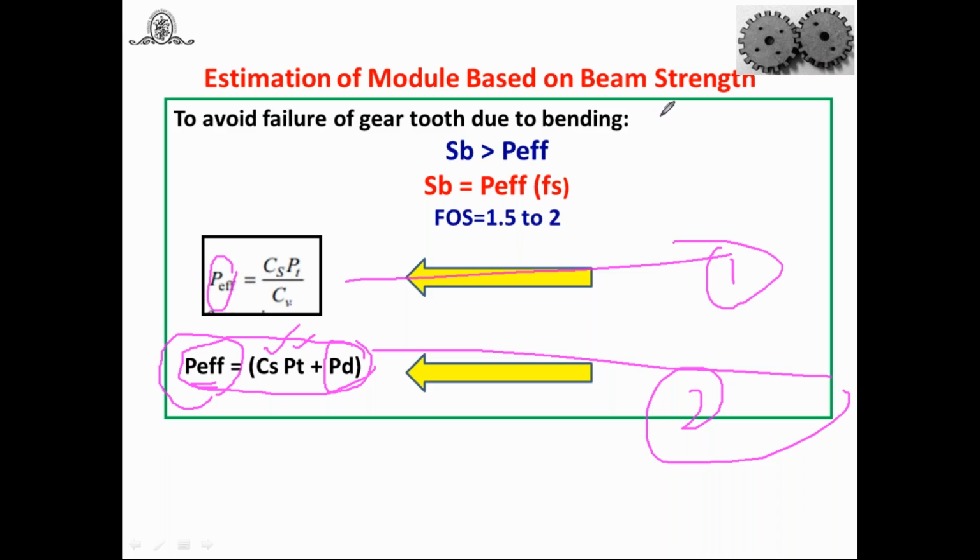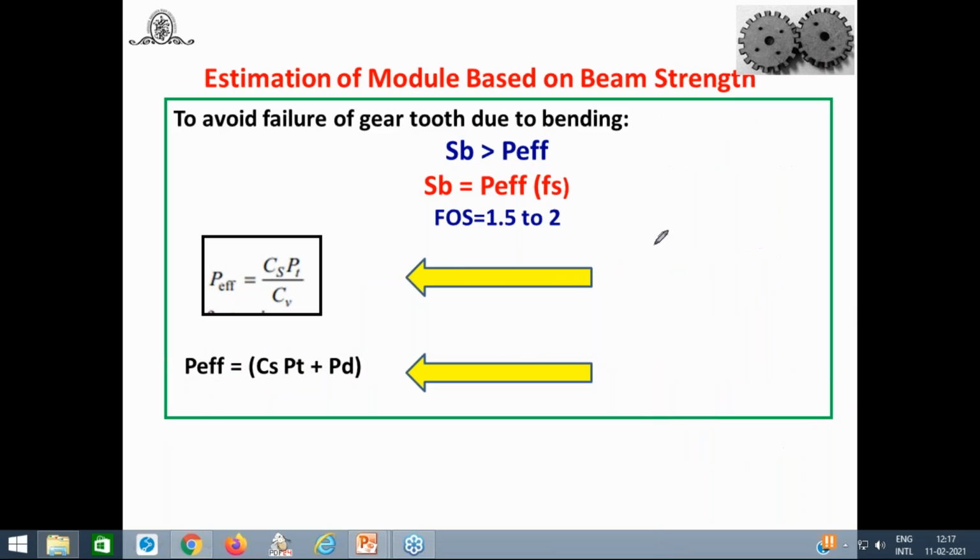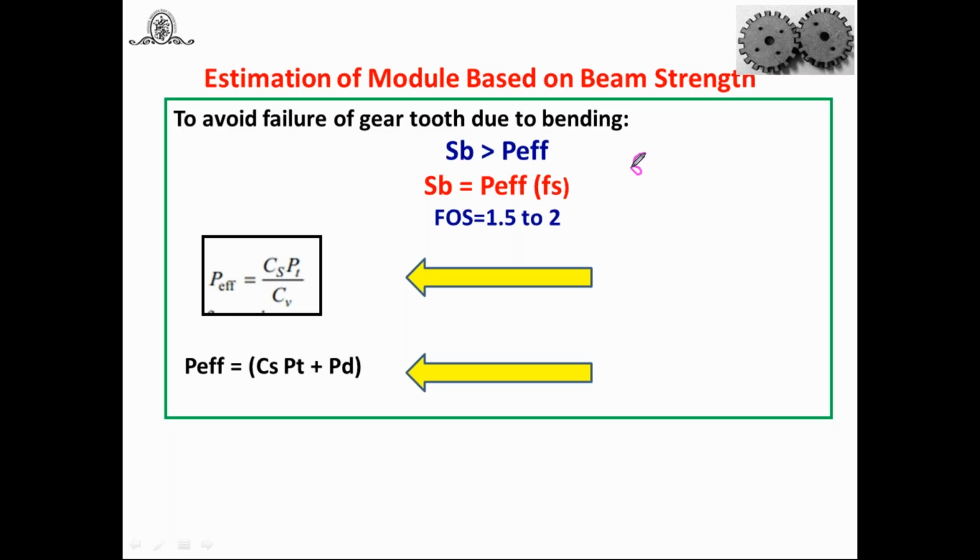Next design, what you have to do, I have already told while explaining the SB beam strength. The beam strength should be greater than or equal to P effective. If anyone asks you to design a spur gear by using velocity factor, then what you have to use? SB should be greater than P effective.